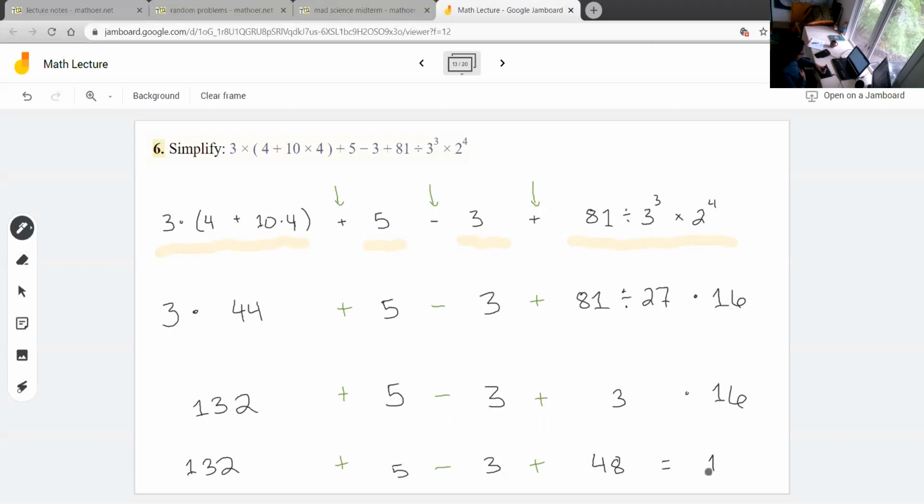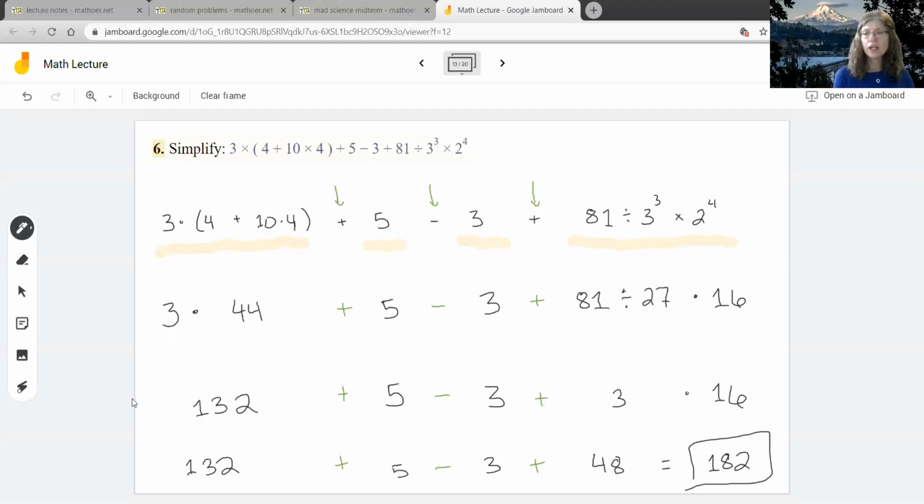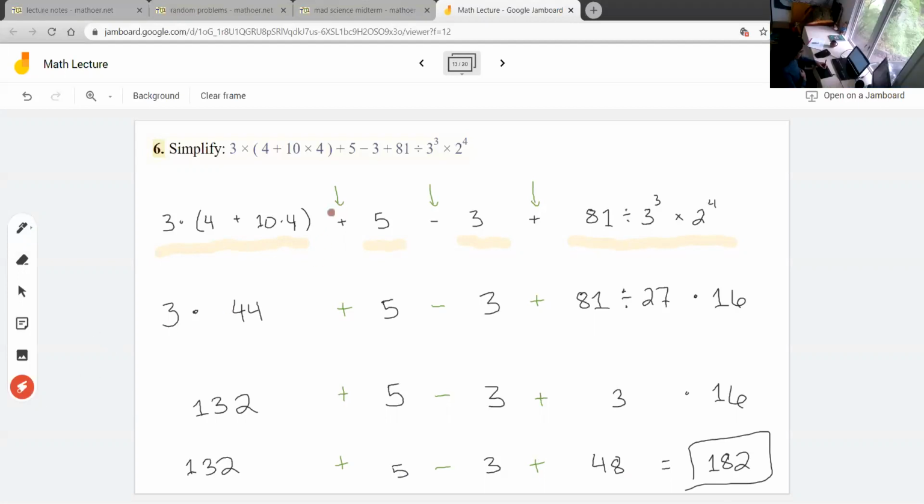So I got 182. Did I do all my mental math right? And how did we determine that the 5 and the 3 were terms of their own, and the 80? Because there's a plus or minus that's outside parentheses. So anytime there's a plus or minus outside parentheses, it separates the terms.